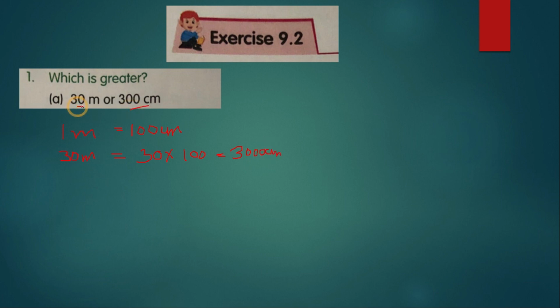One is 30 meter, which you can write as 3000 centimeter, and this is already in centimeter, 300 centimeters. So now you can compare which is greater. Of course, this one. In the answer we write 30 meter is greater, because we have to write the exact value which is given in the question.